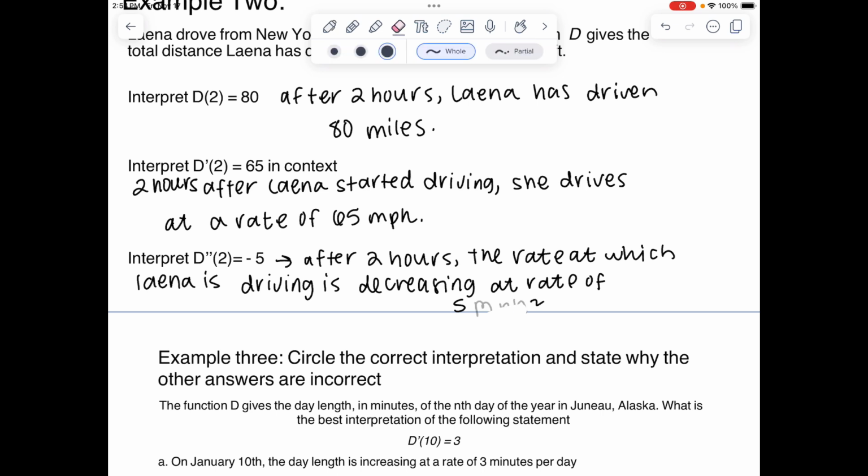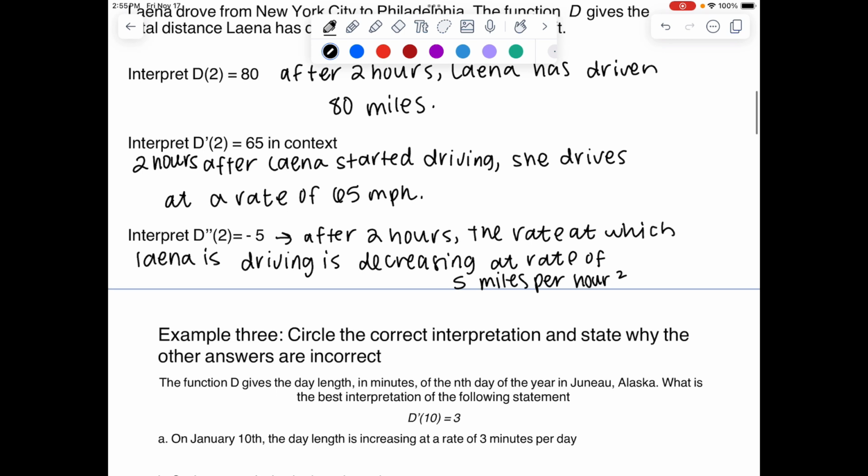So I'm going to write it out. 5 miles per hour squared. There are 2 things to look out for here. The double derivative is a rate of a rate, because the original derivative is a rate, so the double derivative is a rate of the rate. So notice that I have rate written twice. The other thing to notice is that in my units I have per hour squared. So I essentially have 5 miles per hour per hour. And so every time you take another derivative, you add a per to your units.